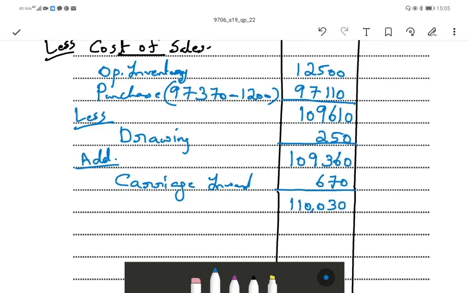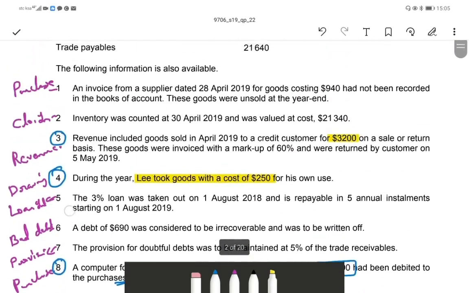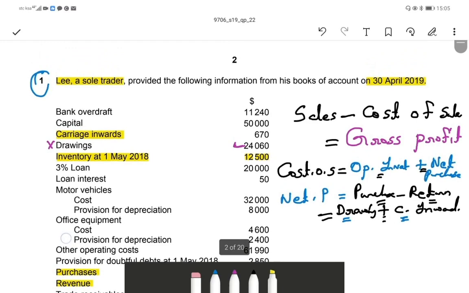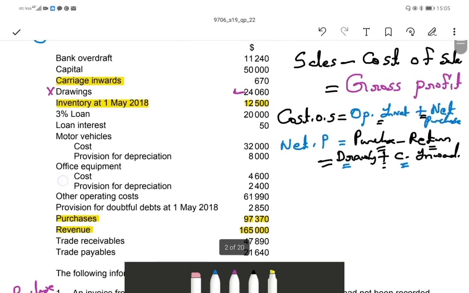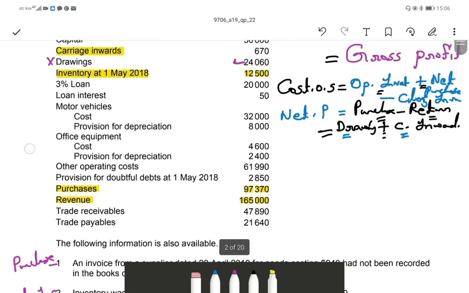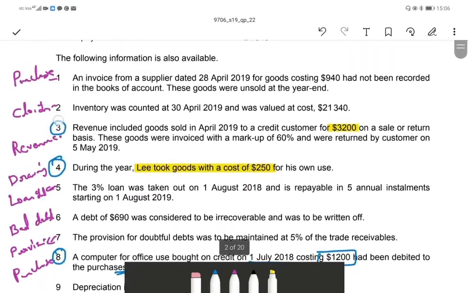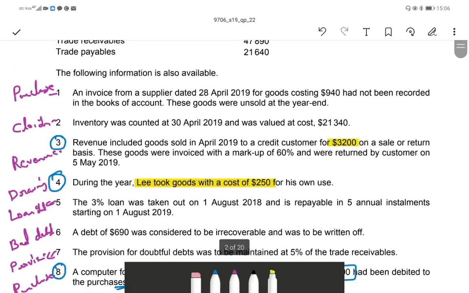Now less closing inventory. Cost of sales is equal to opening inventory plus net purchase minus closing inventory. Here I have left it. Minus closing inventory. So closing inventory will be given always in the adjustment.